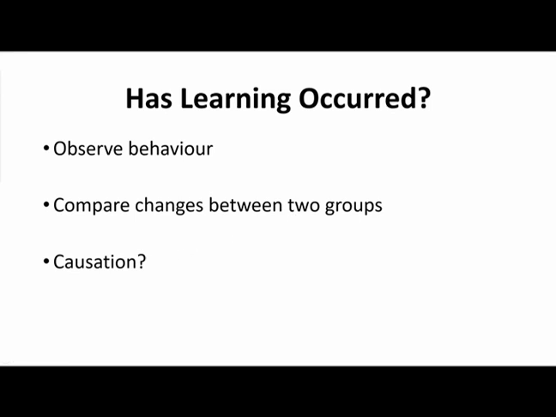And so how do we tell if learning has actually occurred? Well, we can observe the behavior. Has it changed between those two groups? Or did it change from before to after the training was implemented? And then we can look at other sources of causation.